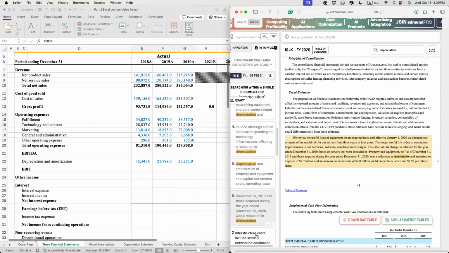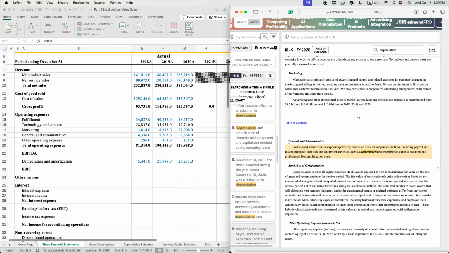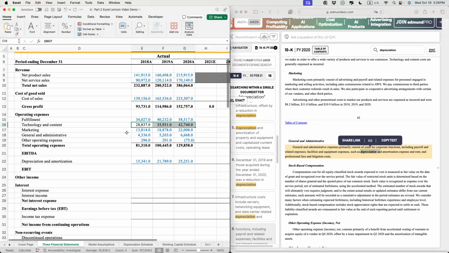They also mention depreciation under general and administrative. This expense primarily consists of costs of corporate functions, including payroll and related expenses, facility and equipment expenses, such as depreciation. So that means depreciation and amortization is hidden under both technology and content and general and administrative.